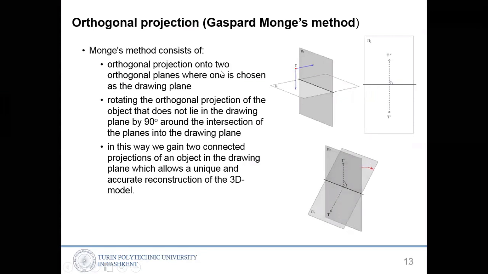What is the Monge method? Orthogonal or orthographic projection uses the Gaspard Monge method. Monge lived in the 17th, 18th century. At that time there was no 3D, no computer, no software, but the problems were similar.